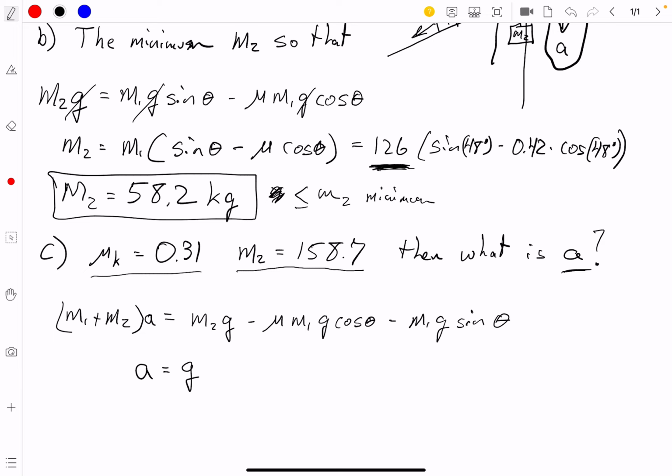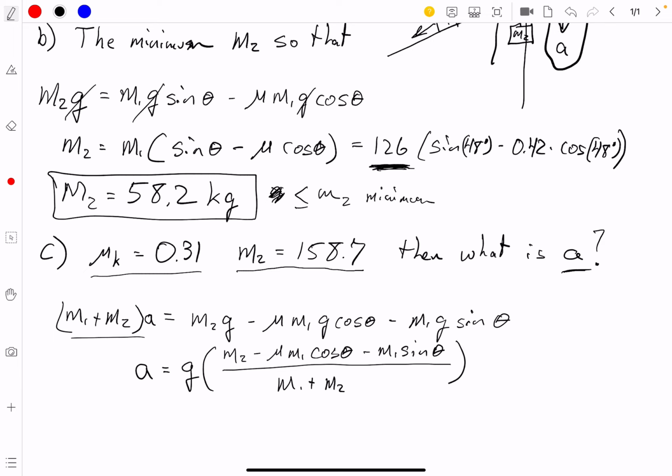I'm left with g times M2 minus mu M1 cosine theta minus M1 sine theta, and all of that over this that I'm dividing out, M1 plus M2. Okay.